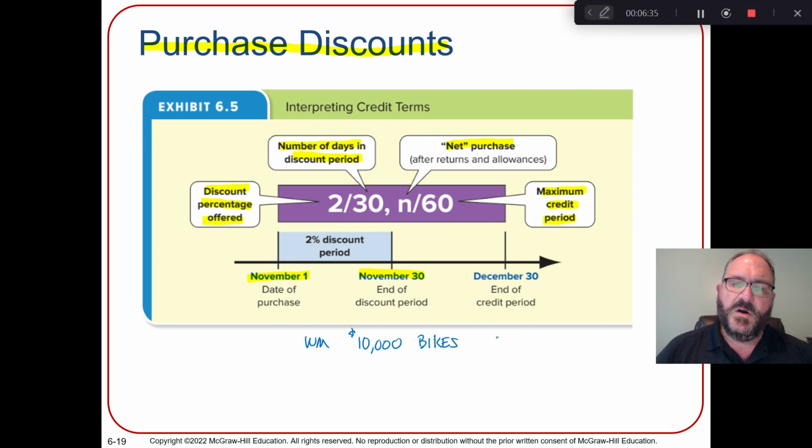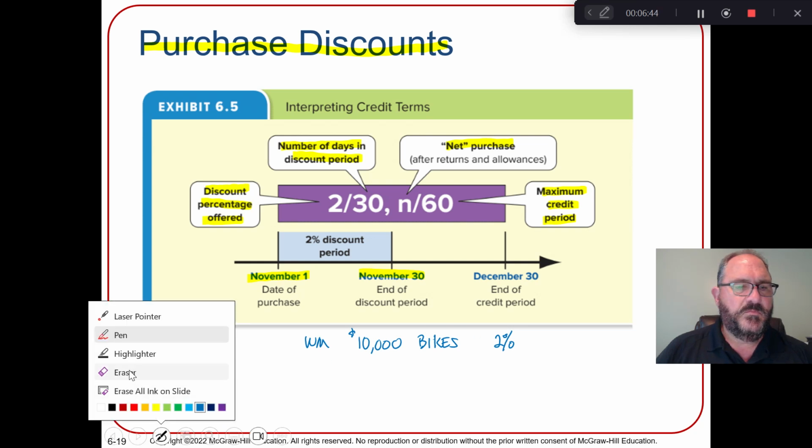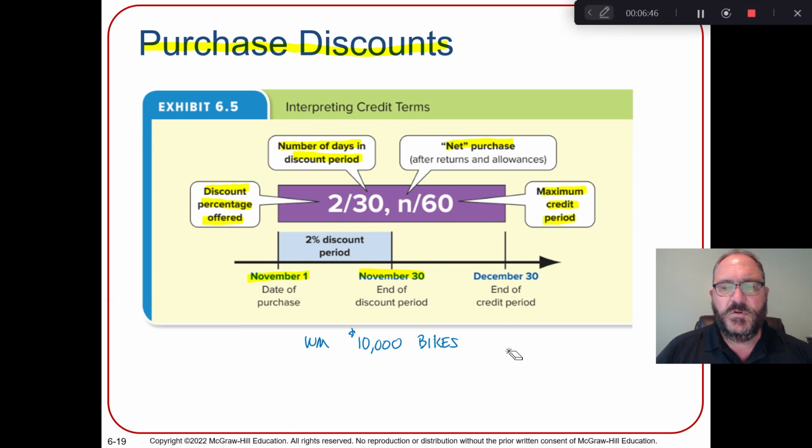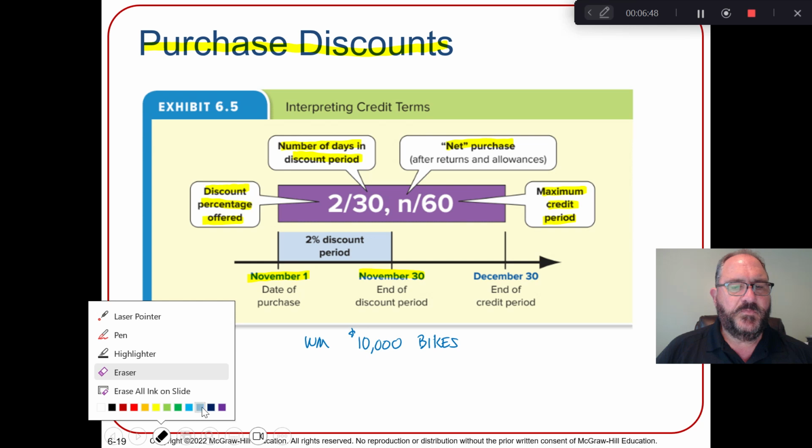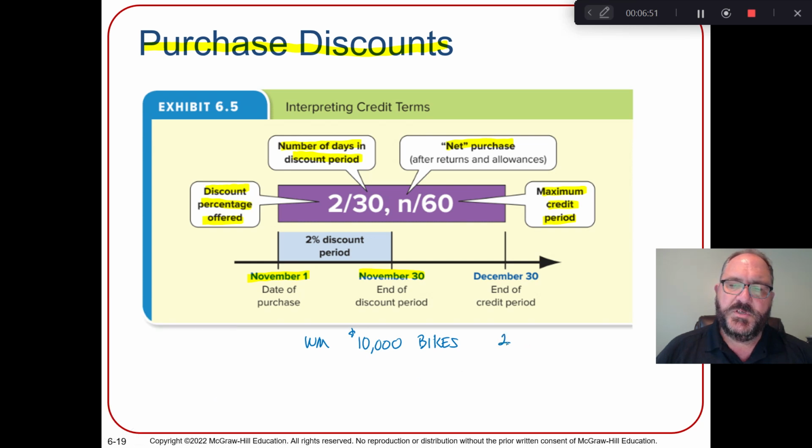And let's say the offer was 2, 10, net 30. So what that means, if they pay within 10 days, they get a 2% discount. If not, they have to pay the net amount.